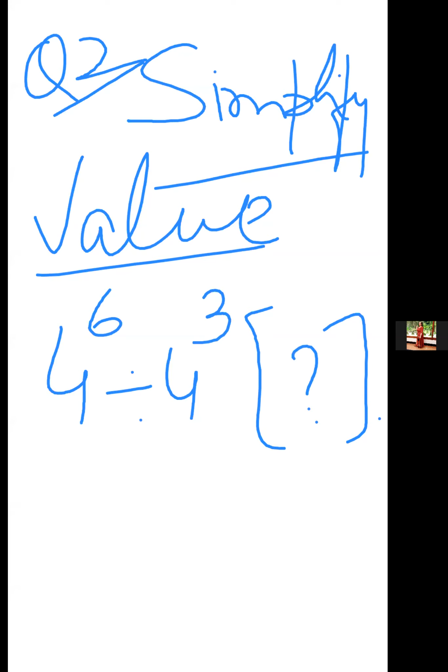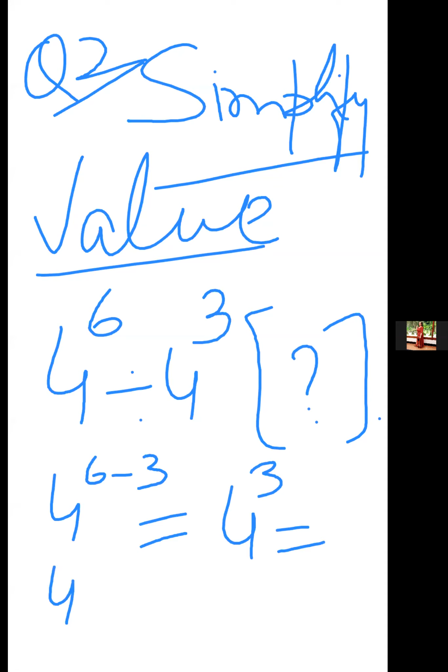So 4 raised to power 6 minus 3, so it will be 4 raised to power 3. Now you have to simplify it. It means 4 multiply 3 times. 4 fours are 16, 16 fours are 64. So 64 is the answer. Understood?